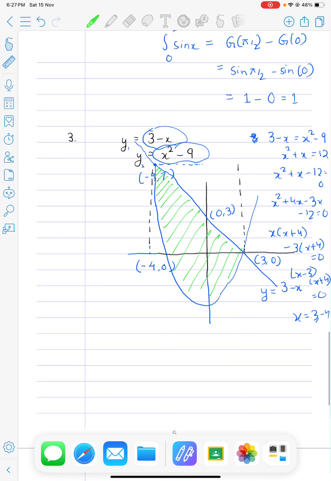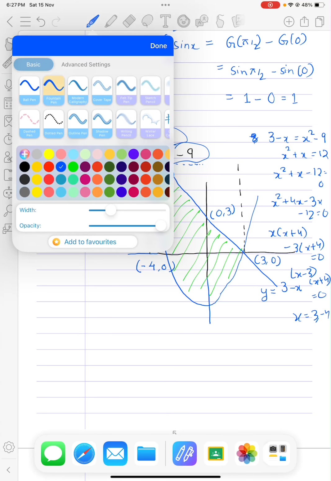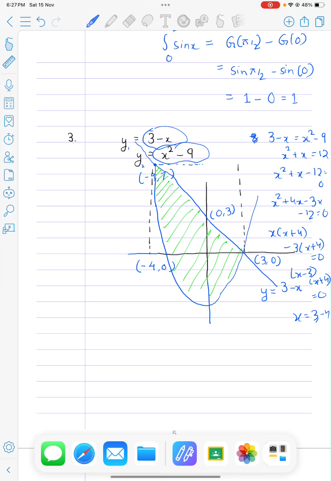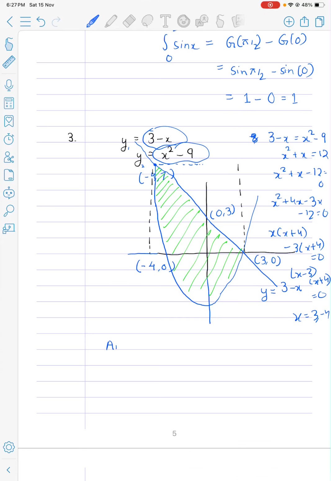Okay, so how will we find this? Area will be given by, see which one is above? This 3 minus x is above.